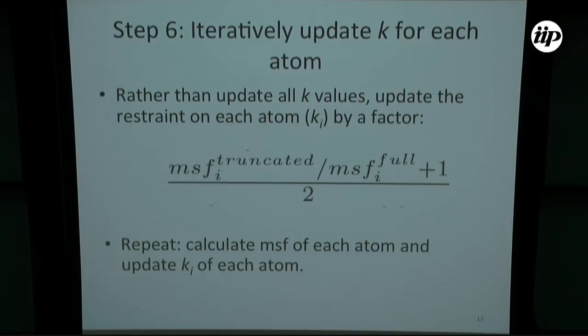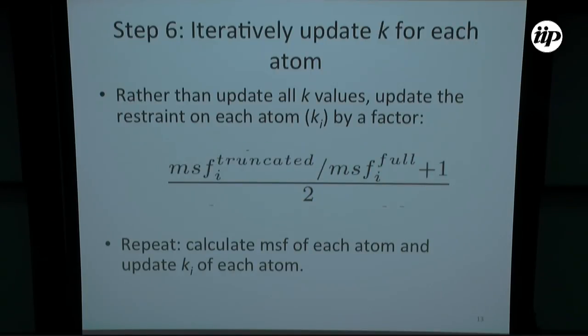So then the next step is, rather than updating all the K values by the same factor, we look atom by atom. After those first 5 rounds, we do the same thing. We perform our simulation. We calculate the mean squared fluctuation of atom i in this truncated system. We have the mean squared fluctuations in the full ribosome for that same atom. And this 1/2 is just sort of a damping term in how we rescale things. So the same idea is true.